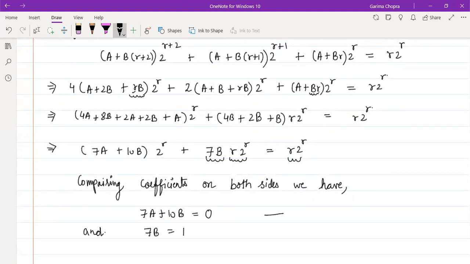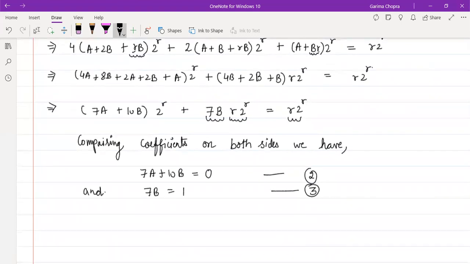We can name these equations as equation 2 and equation 3 because we have used earlier equation 1 for the given recurrence relation. From equation 3, we will get b. From equation 3, b is equal to 1 by 7.